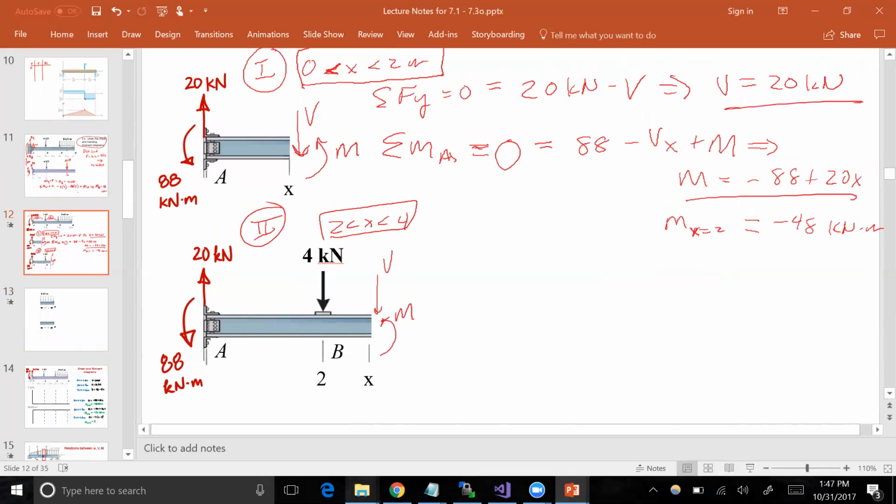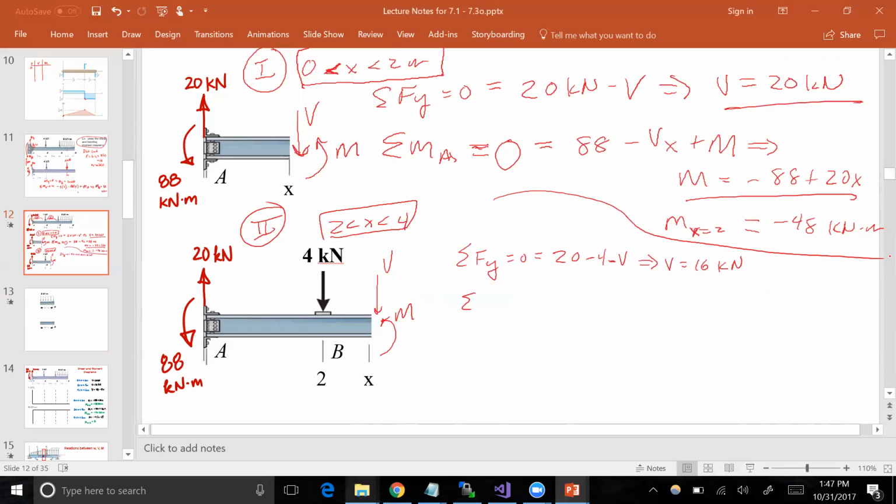We got a V and an M as well, right? And we just do the sum of the FYs. And that equals, we got our 20, we got minus a 4, and we got minus a V. Therefore, V equals 16 kilonewtons.